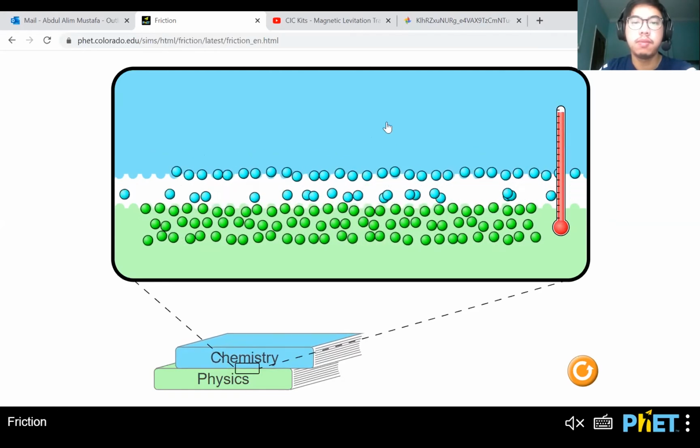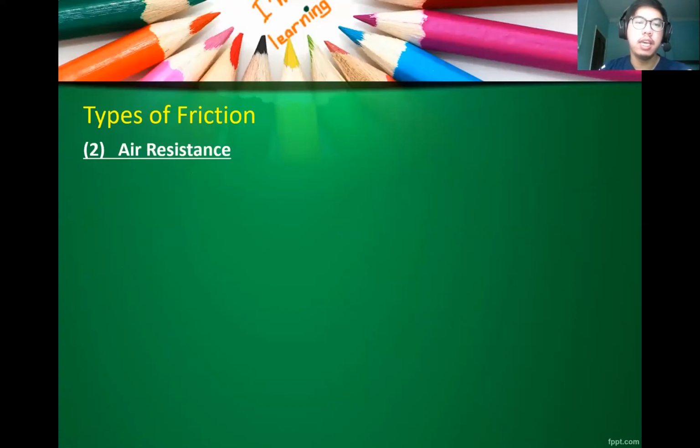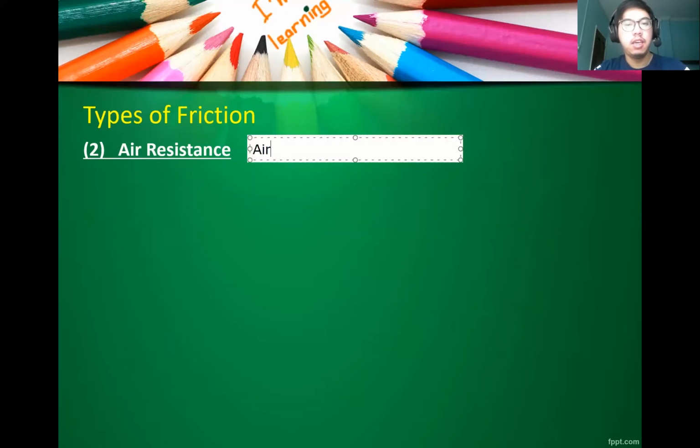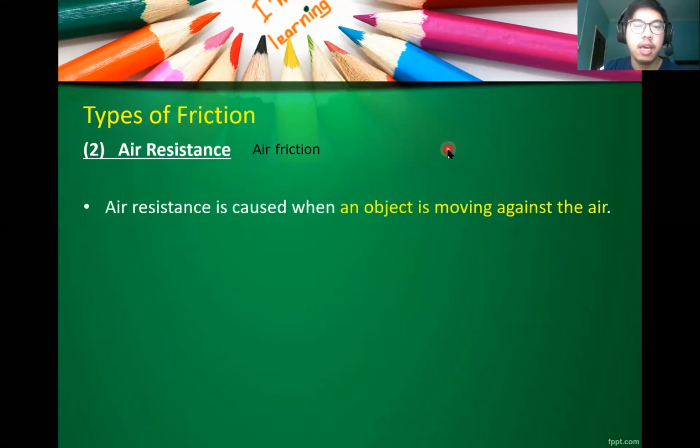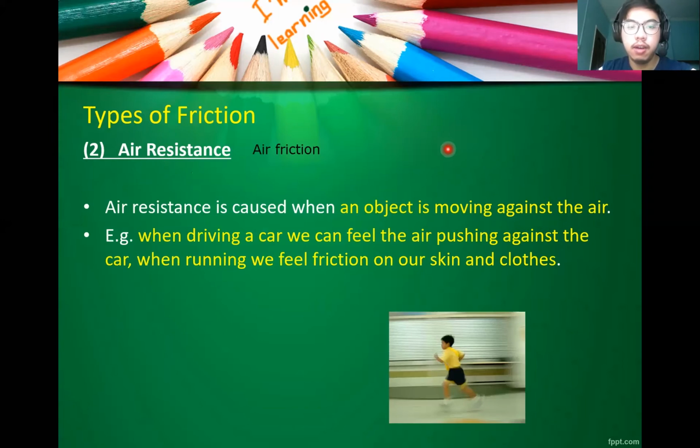Not right now. The second type of friction is called air resistance. Another name for air resistance is actually air friction. You have learned about air resistance before in the previous chapter. Air resistance is caused when an object is moving against the air, and these are examples of air resistance. For example, when driving a car, we can feel the air pushing against the car, that is air resistance.